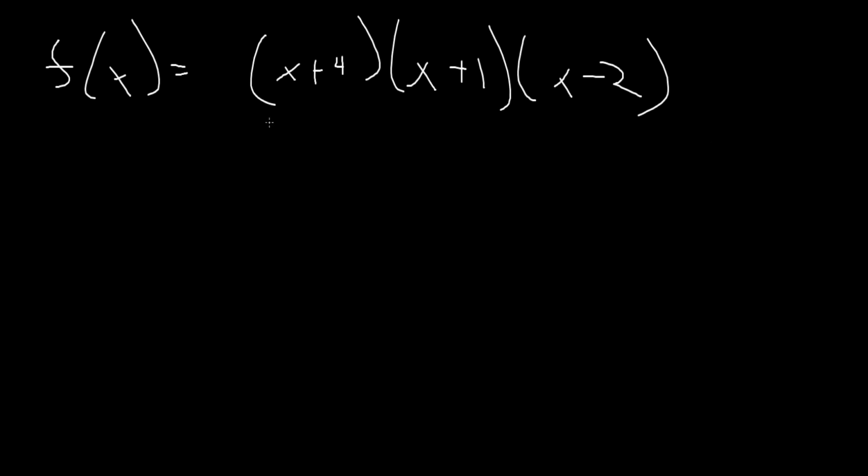Now that it's broken up into these little parts, we want to set this thing equal to 0. We want to find the x values that give us 0, and that's what I mean when I say zeros. When I say zeros, I mean if x is this number, then I will get 0 for the answer.